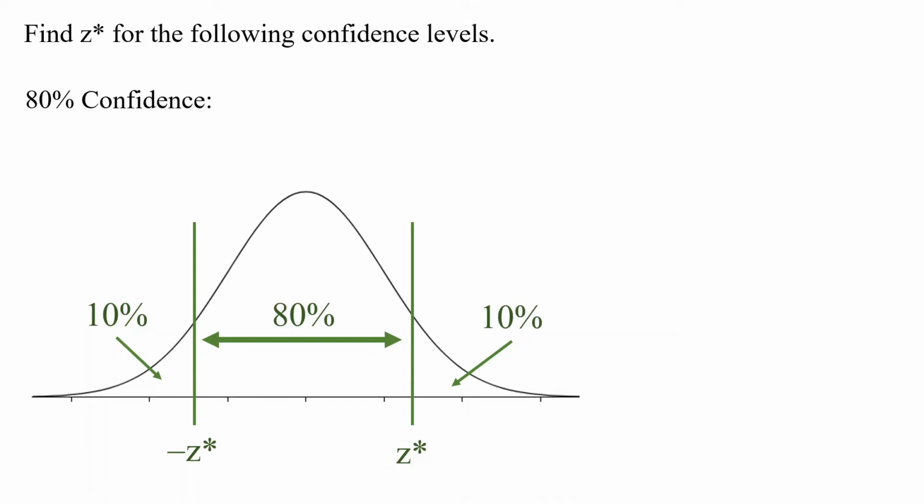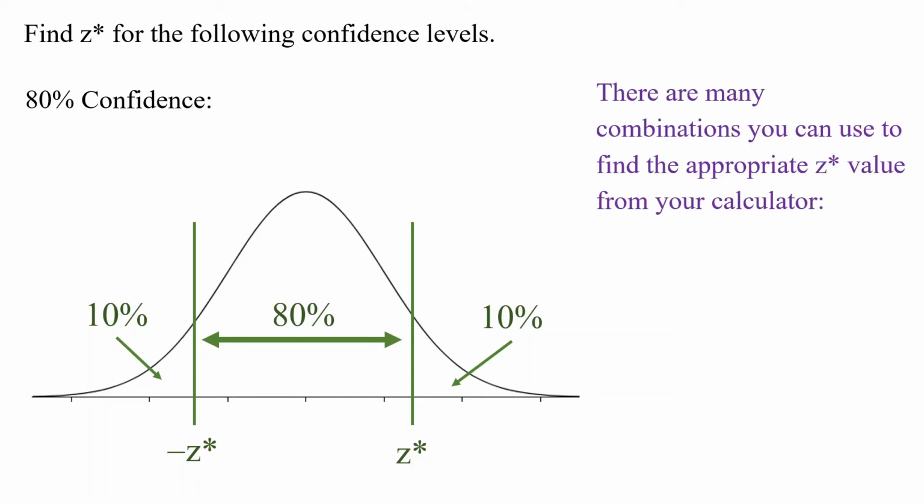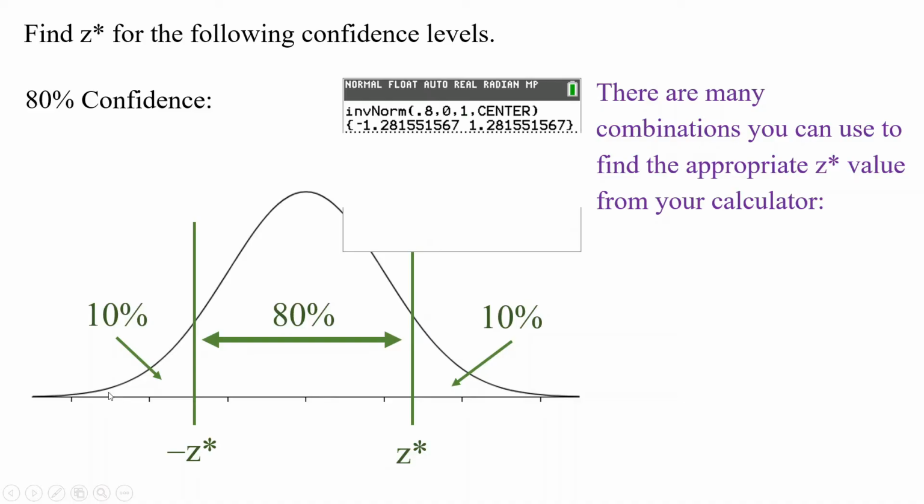If I want to find z star, there are many combinations you can use to find the appropriate value on our calculator, and here are some of the ones you can put in. If you have the CE, you have the option to choose where your area is. You could choose left, right, or center.